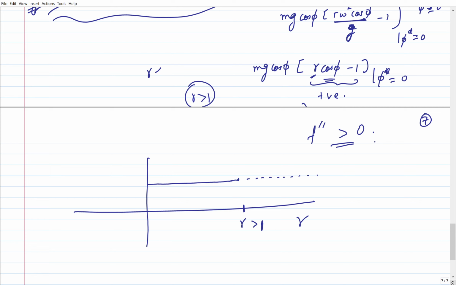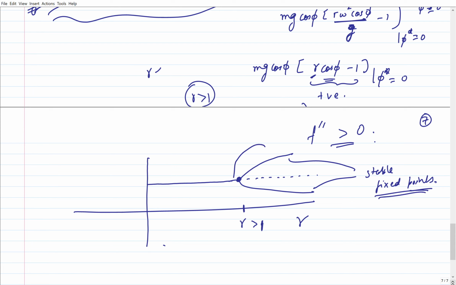We just showed that. And then I have two stable branches, two stable fixed points, that occur at gamma equals 1. So this is a pitchfork bifurcation.